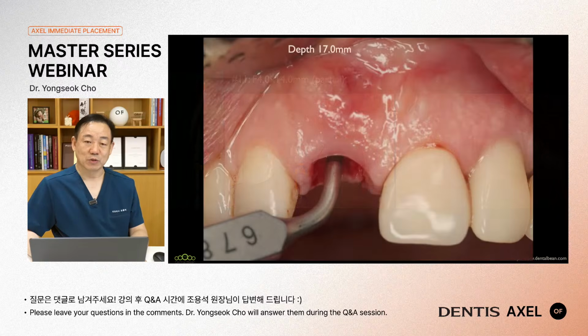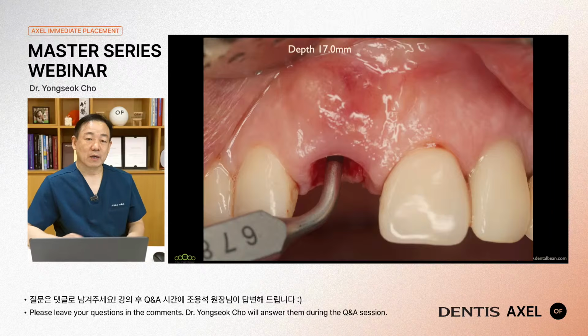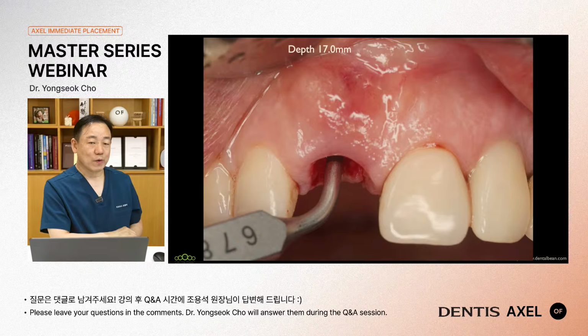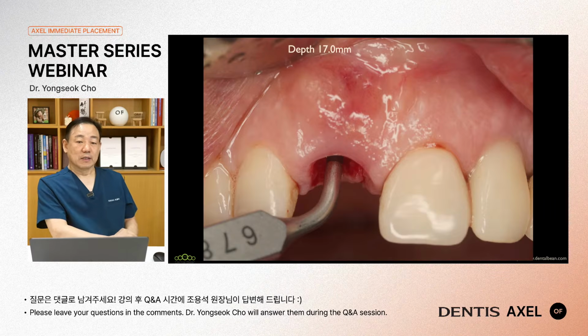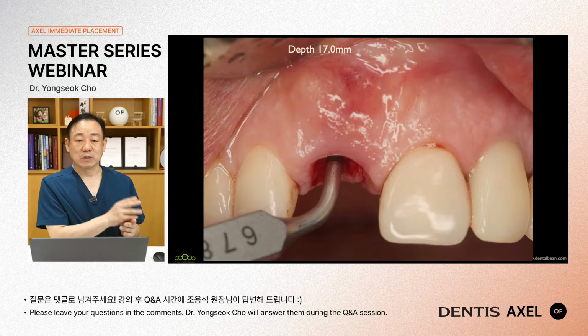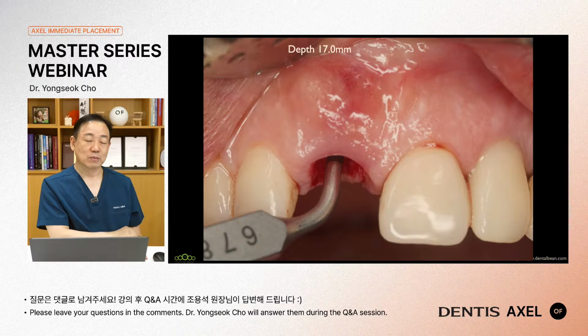It was partially prepped osteotomy. And after finishing osteotomy, I always measure the total depth of osteotomy site, okay, to select the length of implant. Generally, the diameter of implant is chosen depending on the location of implant, but length should be selected depending on the depth of osteotomy hole.